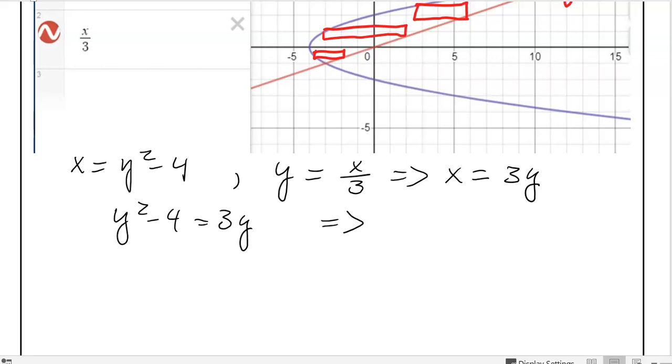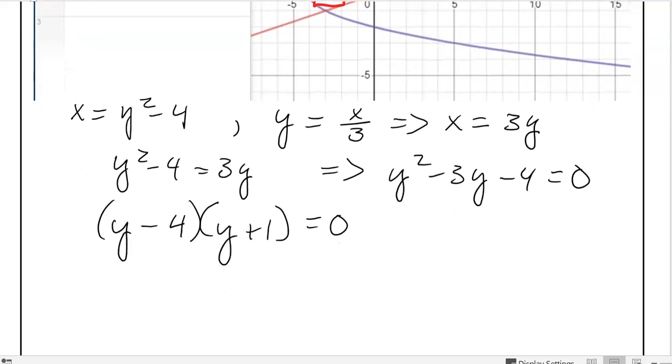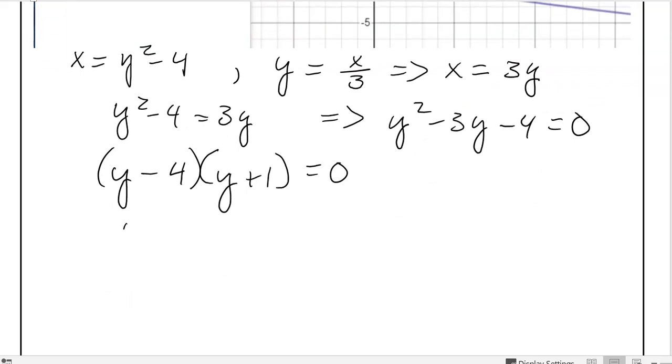This should lead you to write y squared minus 3y minus 4 equals 0. Factoring as the product of two binomials should lead to y minus 4 as a binomial factor times another binomial factor, y plus 1. This gives us two possible values for y, 4 and negative 1.